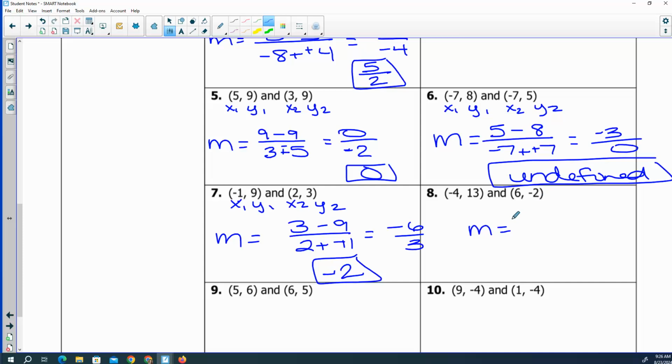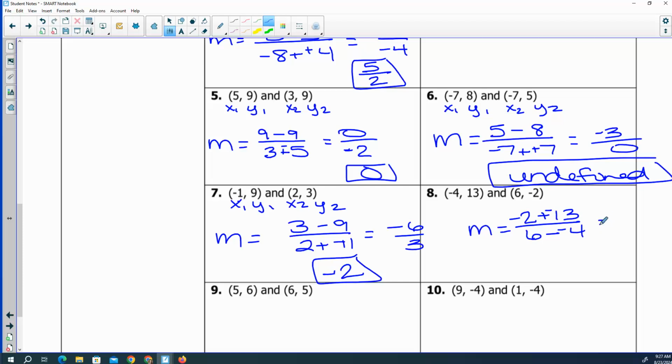This one. Y2 is negative 2 minus y1 is 13 over x2 is 6 minus negative 4. So it's like plus a negative.